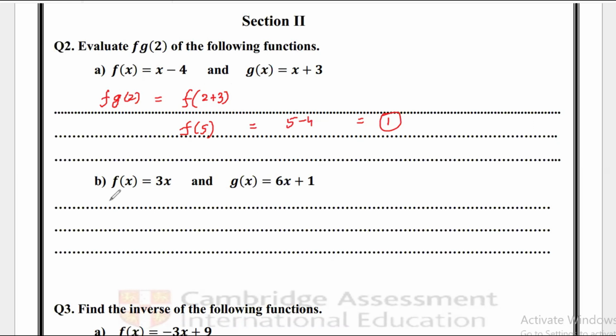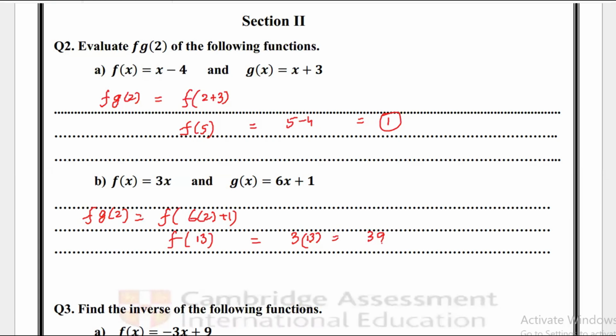Secondly, the same idea in part B, f g of 2: now our g function is different, which is 6 times 2 plus 1, and that gives me 12 plus 1, 13. Now replace 13 in the function f, which is 3x, so 3 times 13 gives me 39. I hope it is clear.